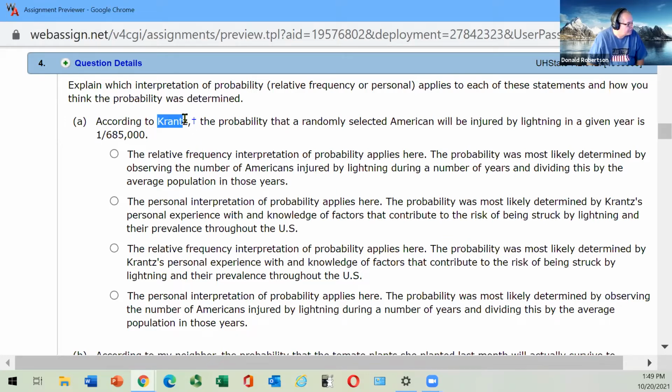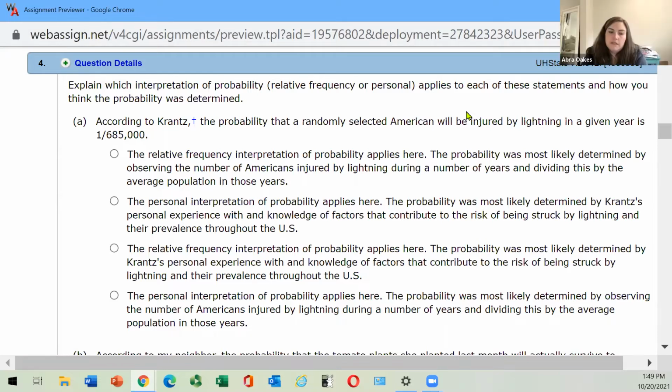According to Krantz, which is a survey done in 1992, page 161, the probability that an American is going to be hit by lightning is 1 out of 685,000. How people figured that out? Does that look like it's a relative frequency, or do you think that's a personal opinion?